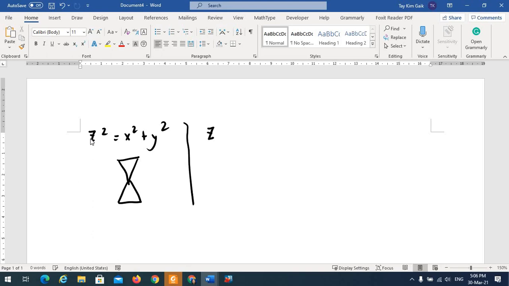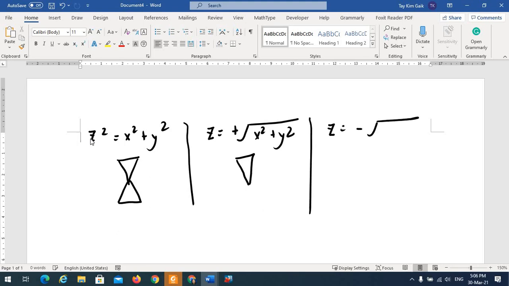If you take the positive square root, you get the upper cone. If z equals negative the square root of x squared plus y squared, what you get is the lower cone.